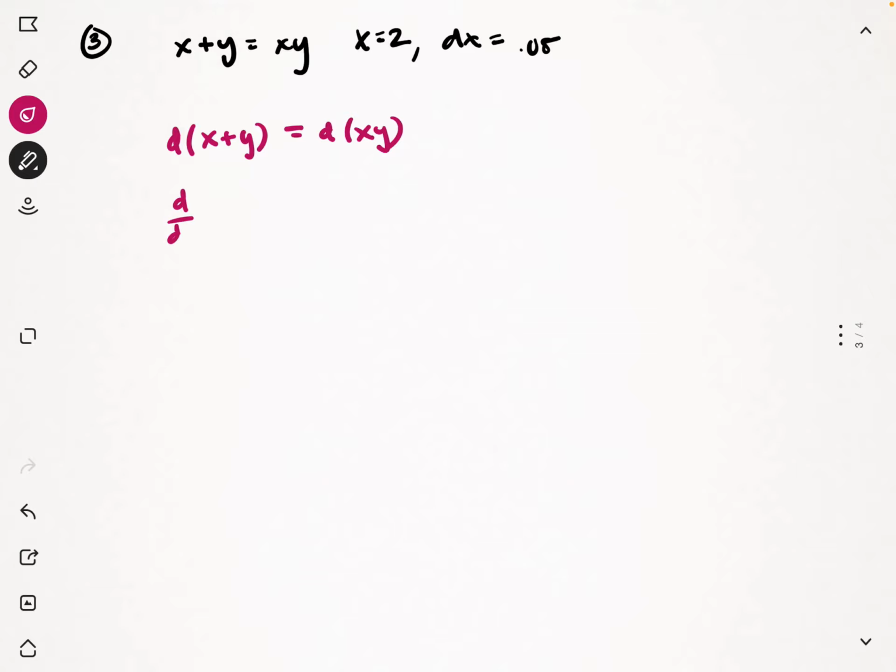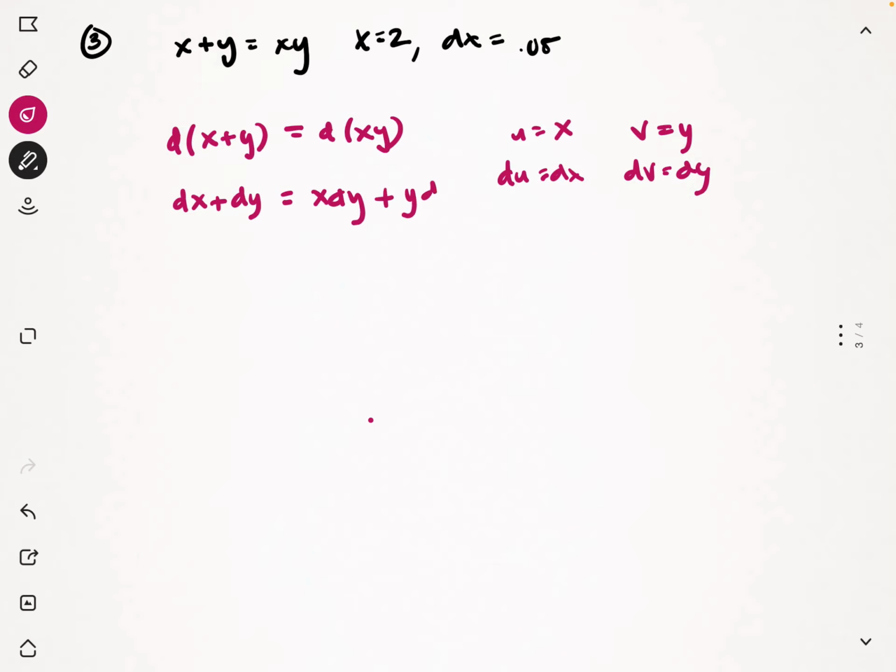Let's just write it out: dx plus dy equals, and this one we're going to have to do product rule. u is x, du is dx, v is y, dv is dy. So we're going to do u dv, x dy, plus v du, y dx.